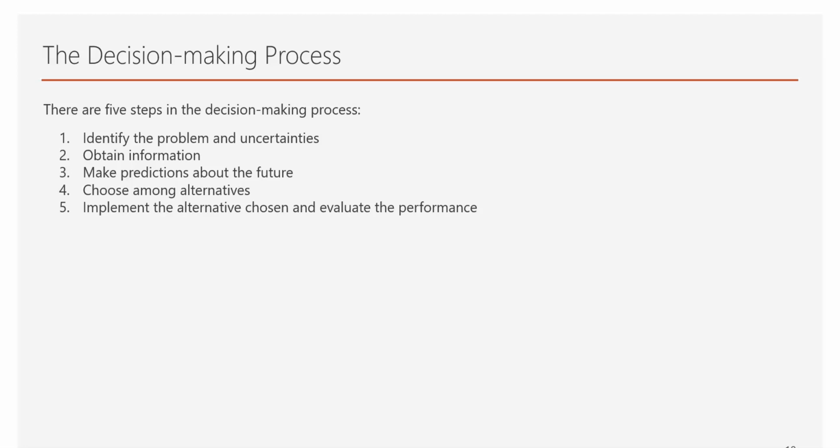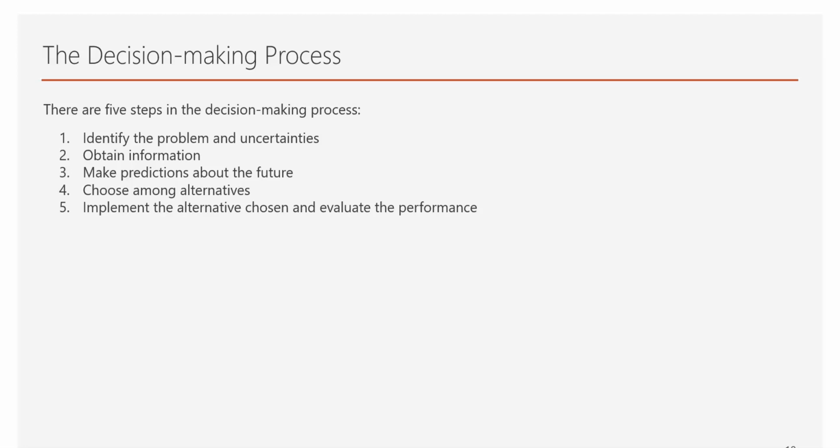Well, based on the information, I can have 3 alternatives. I can either do A, B, or C. Based on the information, I'm going to make predictions about the future. If I take route A, what do I expect will happen? If I take route B, what do I expect will happen? And route C, what do I expect will happen if I choose that alternative?